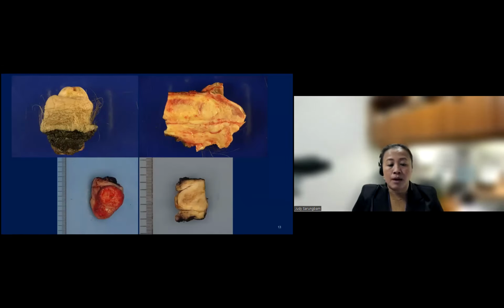After taking the margin section, the specimen is fixed for several hours, and there are two ways you can process this specimen. One way is the one depicted here. We identify the urethral meatus and the proximal urethra, and then bisect the penis into two halves.